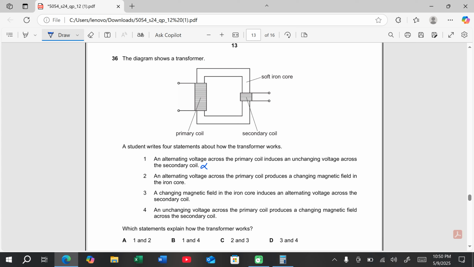Yes, it does. A changing magnetic field in the iron core induces an alternating voltage across the secondary coil. Yes, it does. An unchanging voltage across the primary coil produces a changing field, and that's wrong. So only 2 and 3 are correct. So that's C.